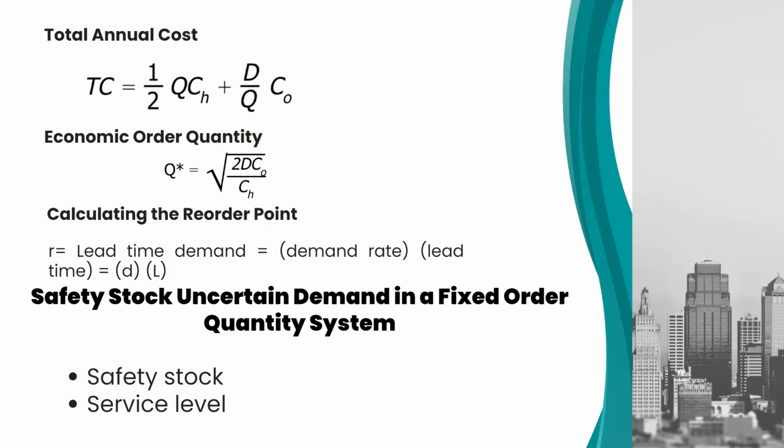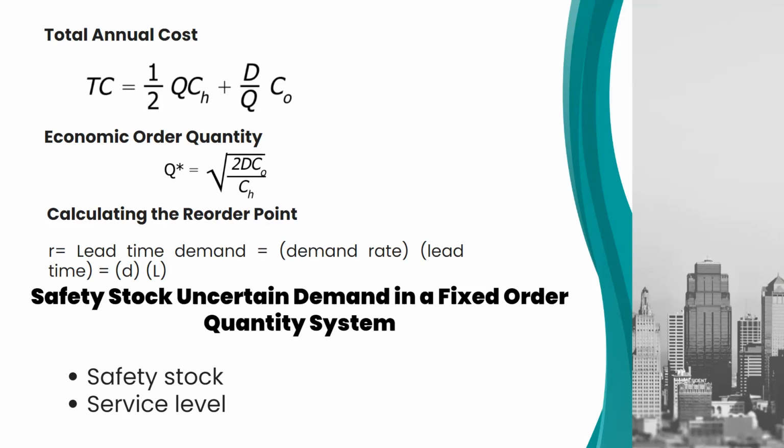Safety stock is also known as buffer stock. It is a vital component of inventory management, particularly when dealing with uncertain or variable demand in a fixed order quantity system. And service level, it is a critical concept in inventory management and customer service that quantifies the level of fulfillment or reliability a company provides to its customers.